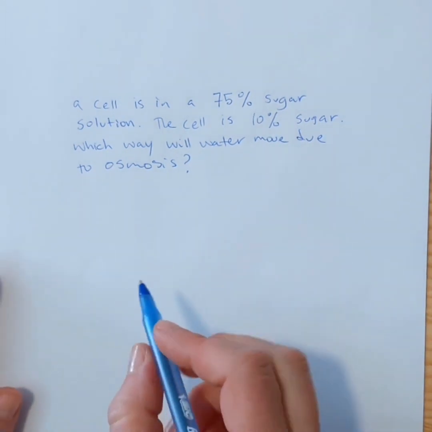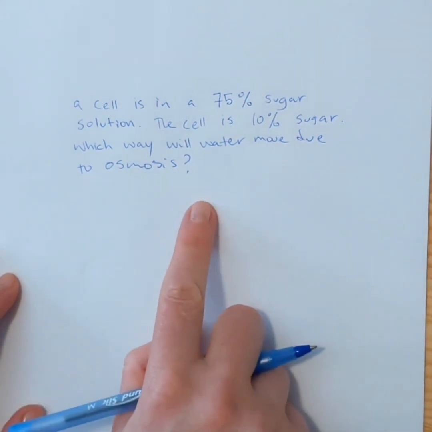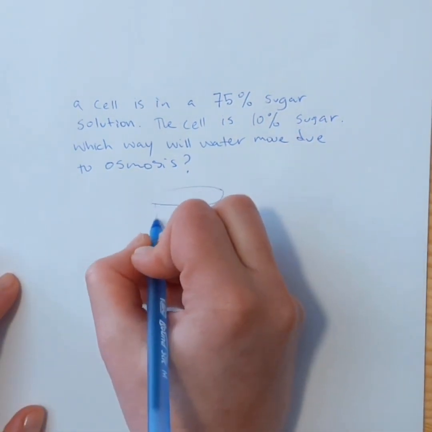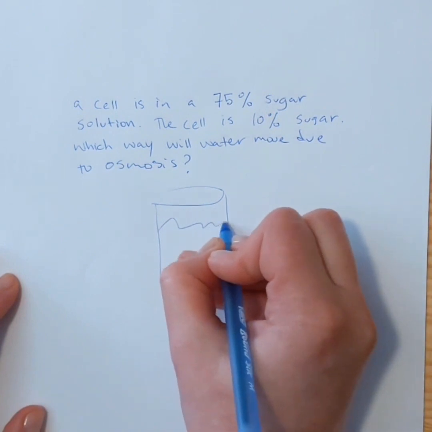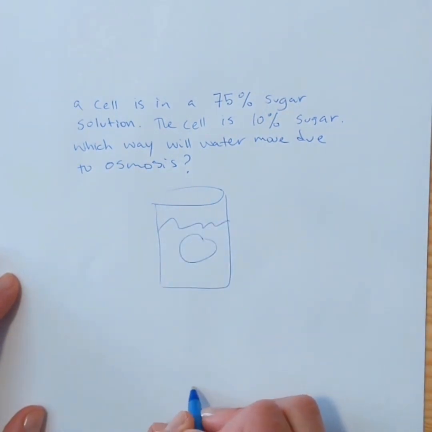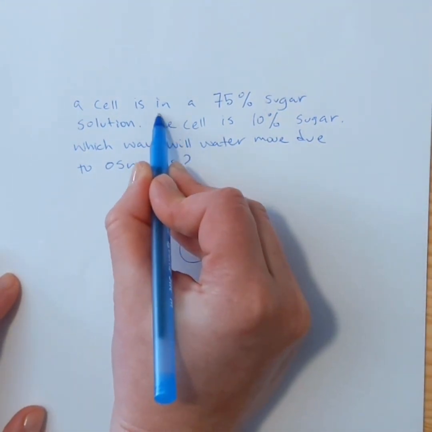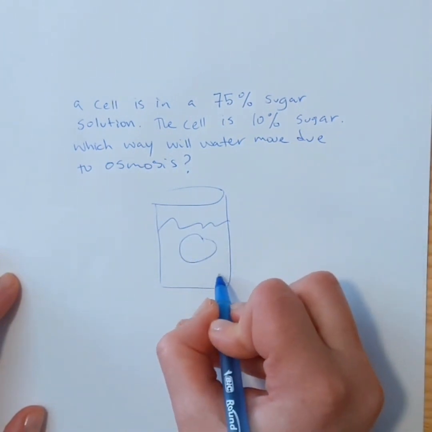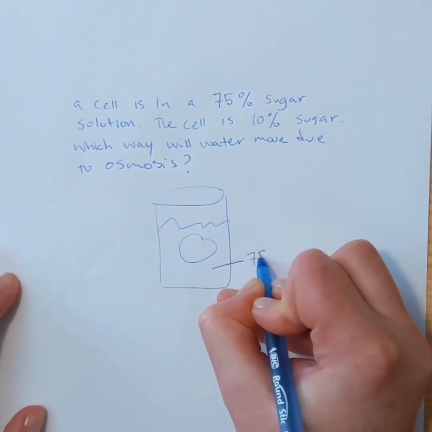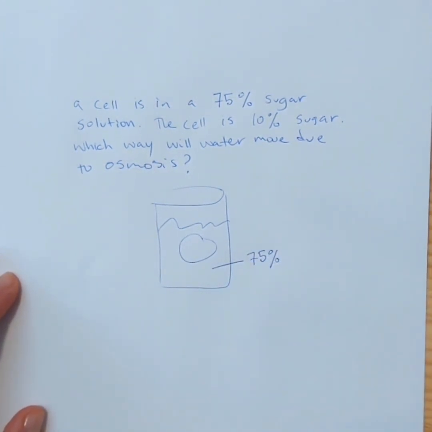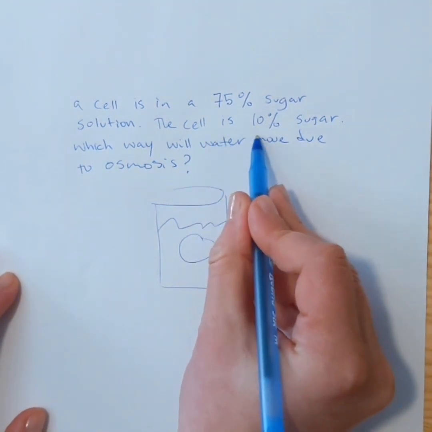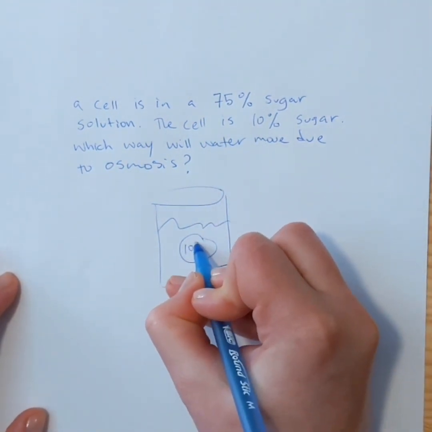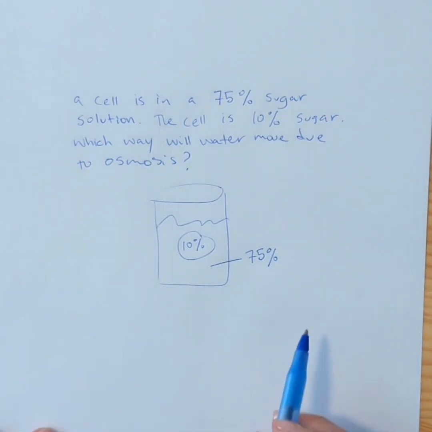I personally always like to draw it out. So when I would solve this question, I would draw myself a solution in a beaker. I know that the cell is in a 75% solution, so that means that the outside of the cell has to be 75%, and the cell is 10% sugar, so I've got 10% inside here.